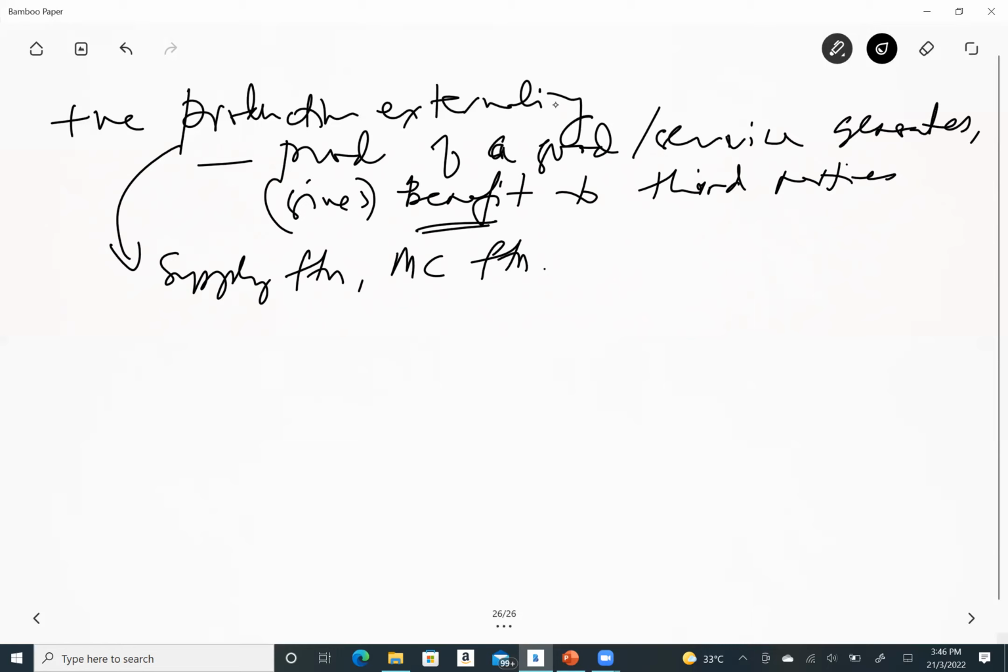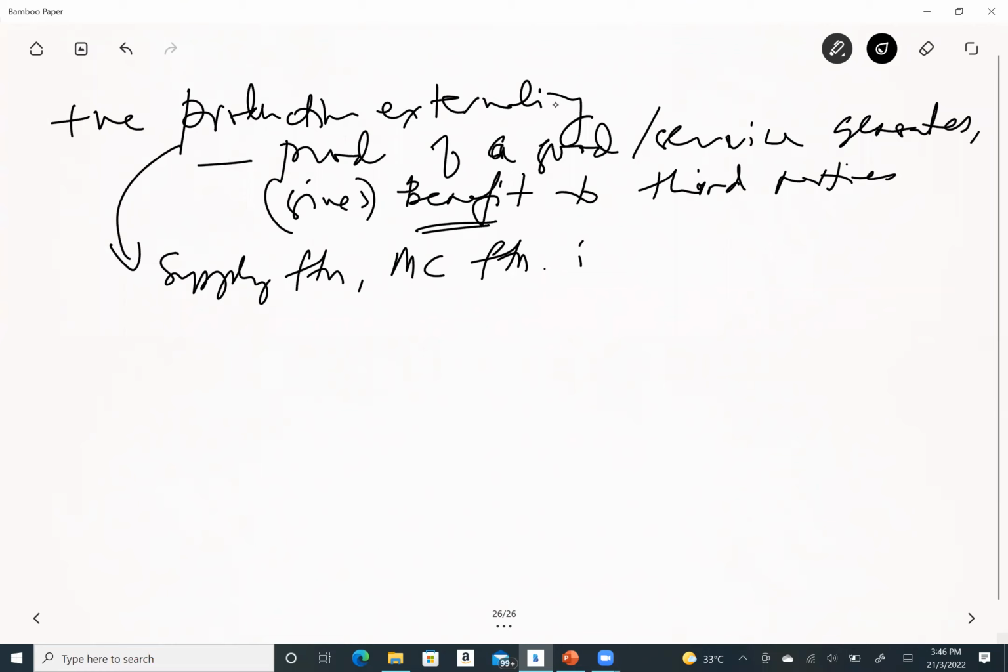Wait, let me look at my notes, so I don't say the wrong thing. Positive production. So there is external benefit to third parties.